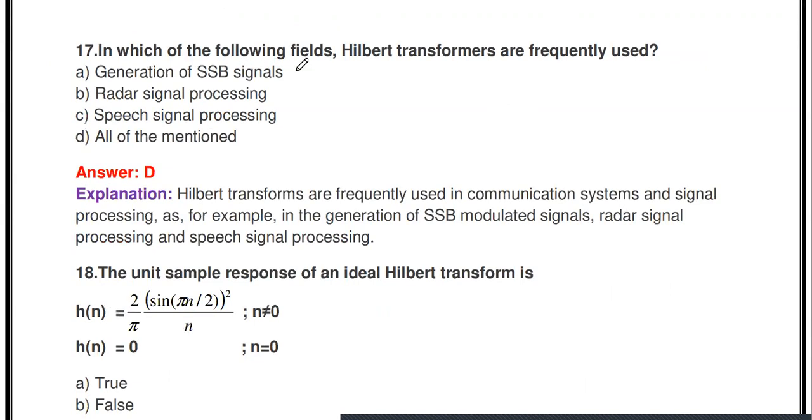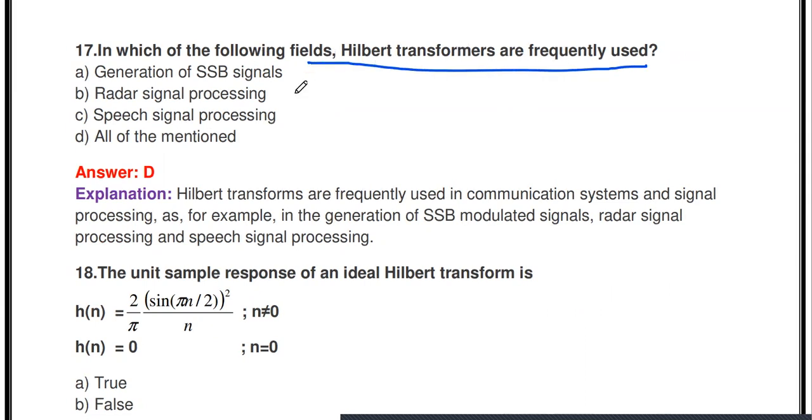Then, in which of the following fields is the Hilbert transform frequently used? Generation of SSB, single sideband signal, radar signal processing, speech signal processing, or all of the mentioned. The Hilbert transform is frequently used in all these fields. In communication theory, in the generation of single sideband signal, we used this Hilbert transform.